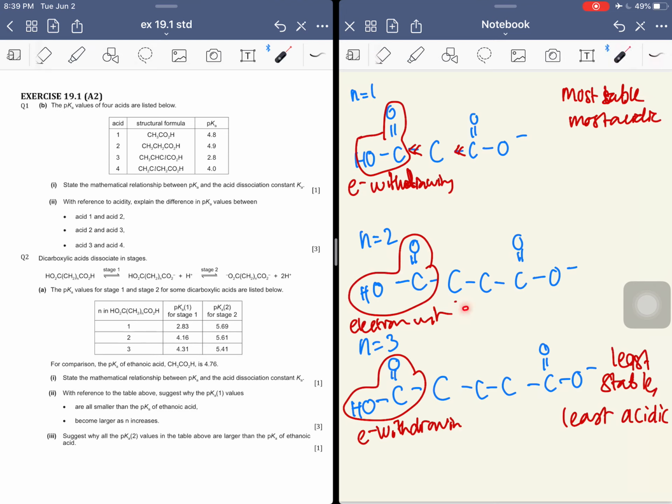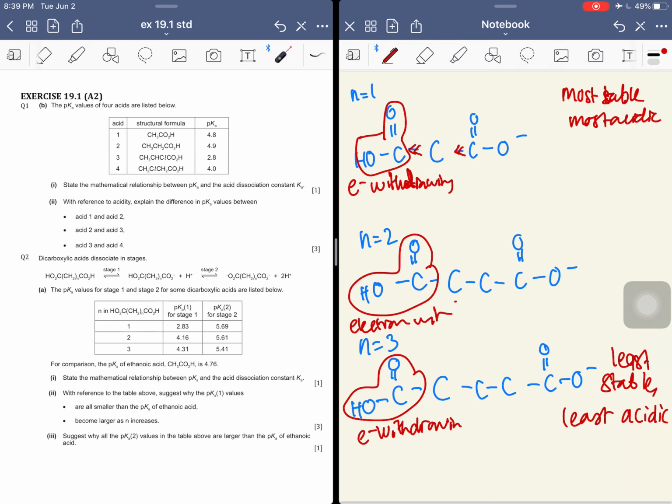There are now 2 carbons in between. And n equals 3 is even further away, with 3 carbons in between, so the electron withdrawing group has very little effect on removing the negativity in the COO minus. So it's all about the distance. You will construct your own answer and sentence.